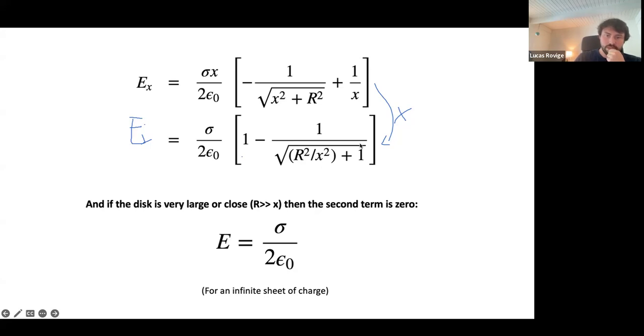This simplifies, and this becomes very big, and so this tends towards 0. It just leaves the 1 here, and so we get an interesting result: if we have an infinite sheet of charge, because if this disk is infinitely large it just becomes a sheet, then we get a constant electric field, sigma divided by 2 epsilon 0, that doesn't depend on the distance to the sheet.